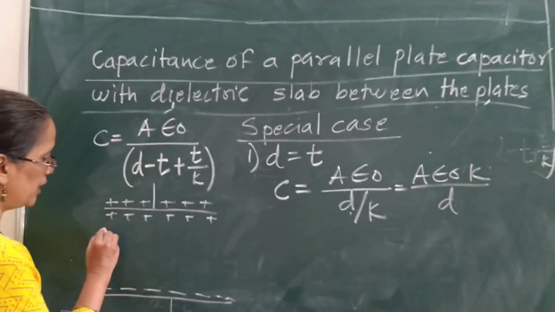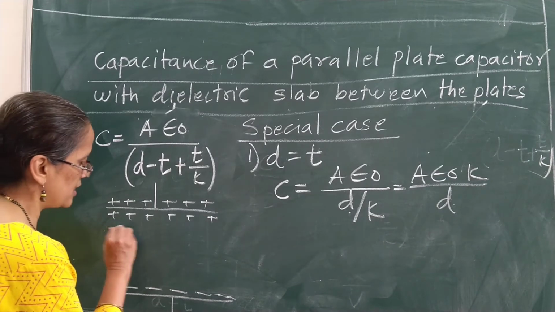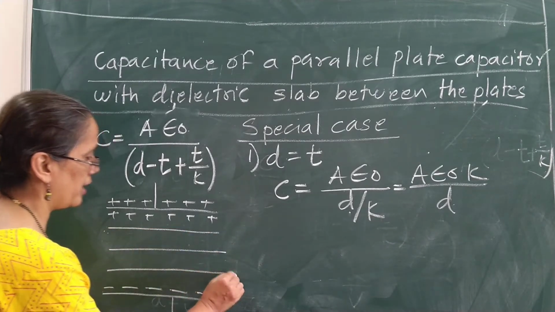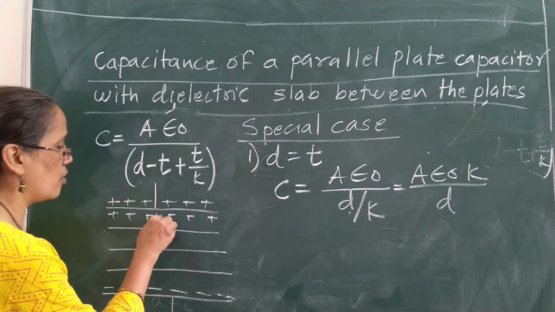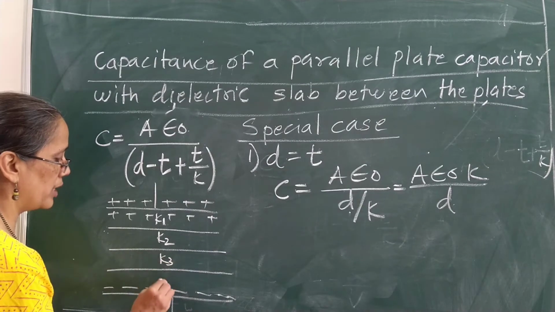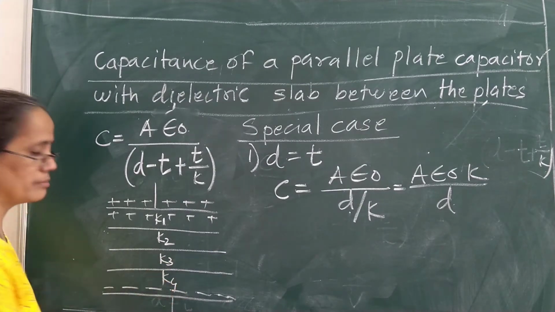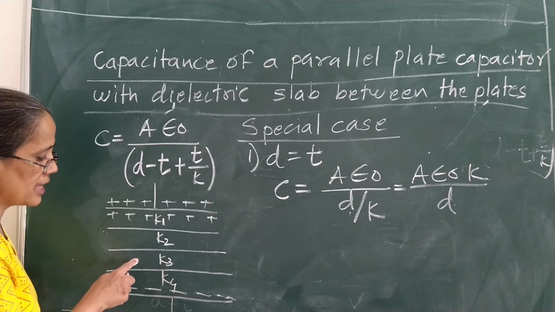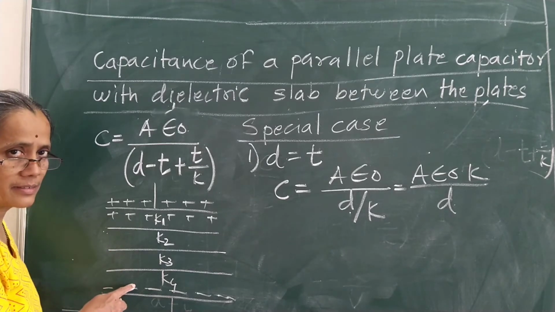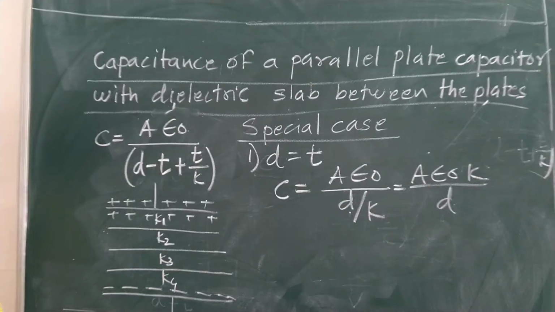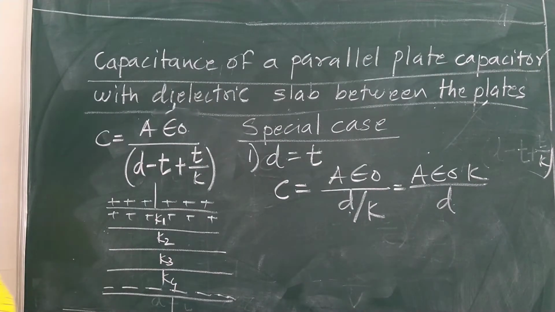In between, I divide the spacing into a number of layers, and in each layer I insert a dielectric of a different value: K1, K2, K3, K4, like this. It means the capacitors are connected in series. So now, what will the formula become?